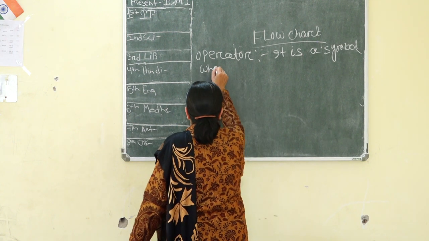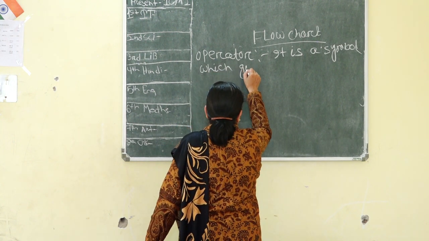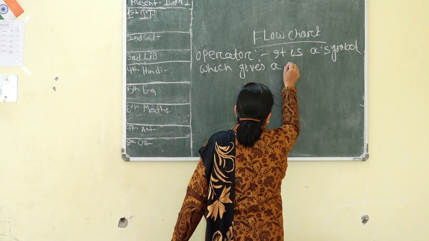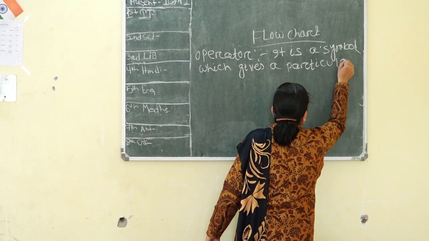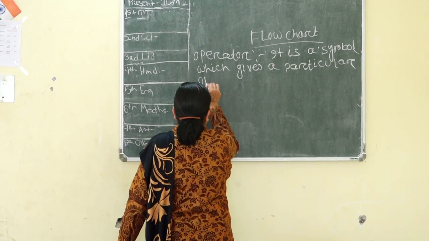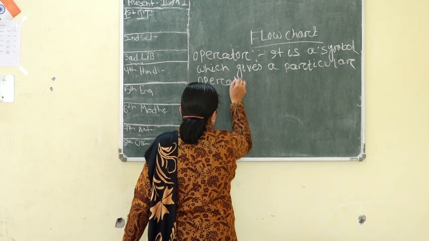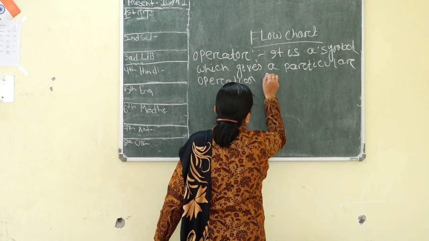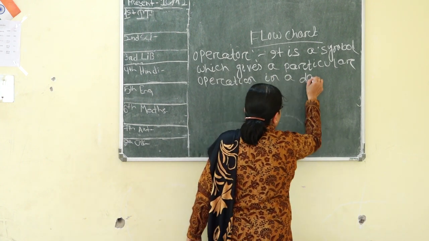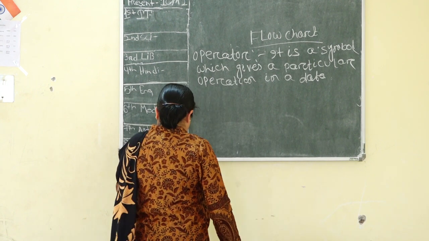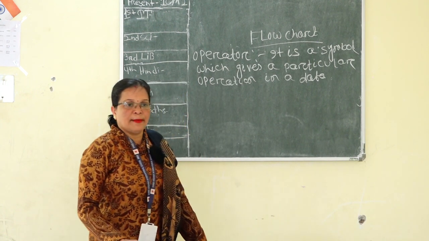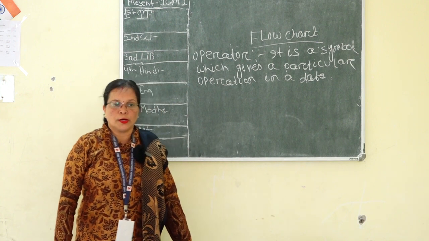It is a symbol which gives a particular operation on data. So what is an operator? An operator is a symbol which gives a particular operation on data.